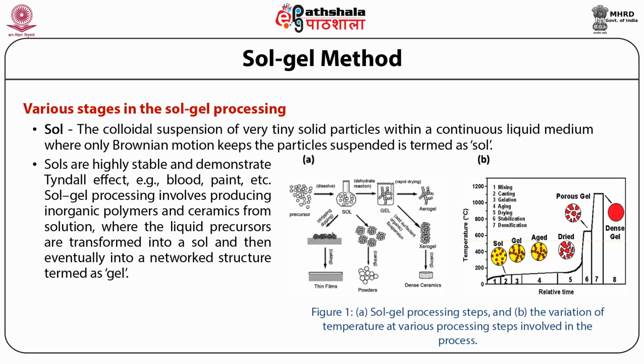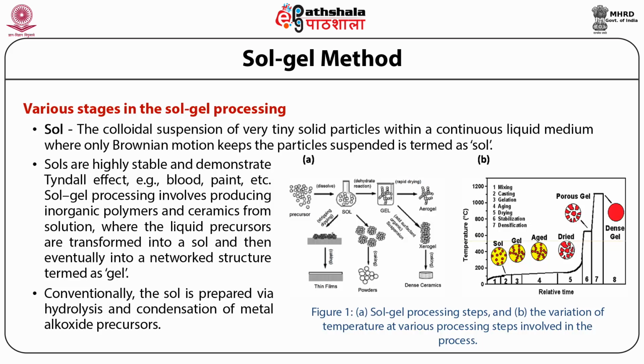Examples are blood, paint, etc. Sol-gel processing involves producing inorganic polymers and ceramics from solution, where the liquid precursors are transformed into a sol and then eventually into a networked structure which is termed a gel.